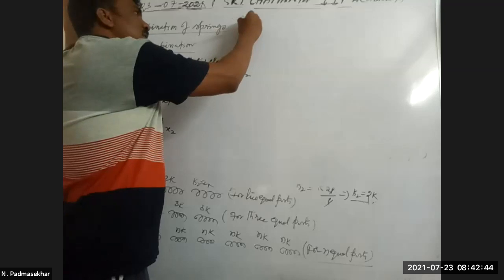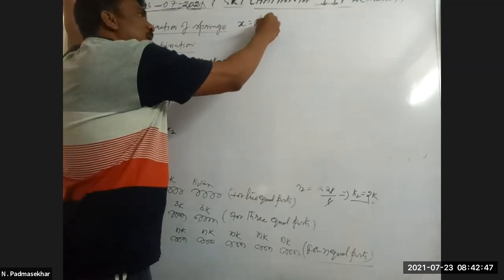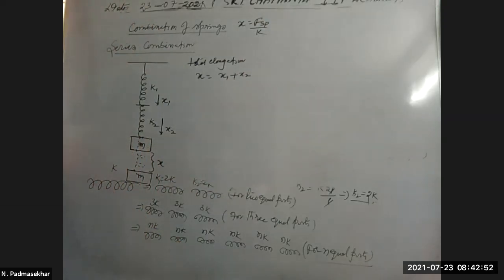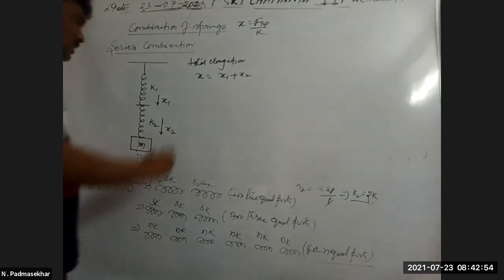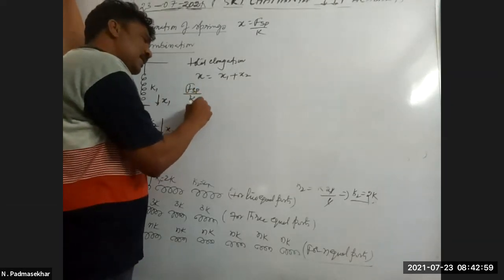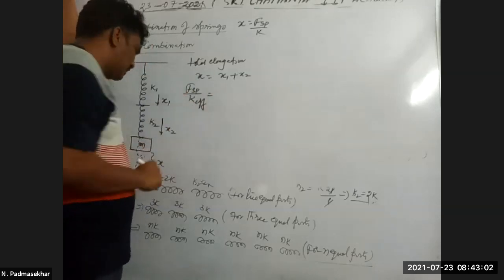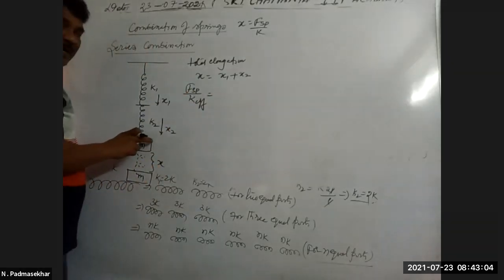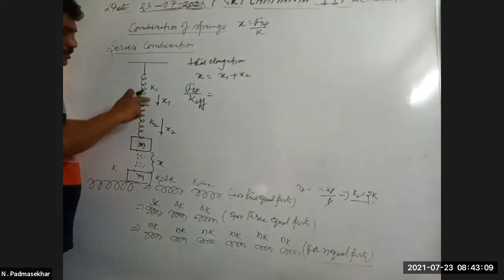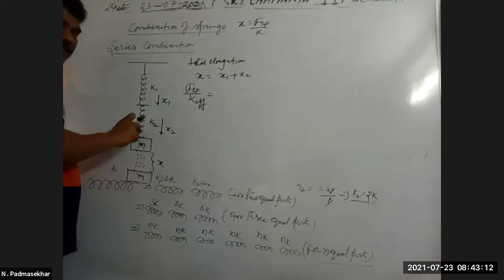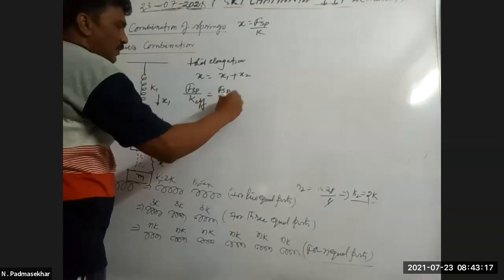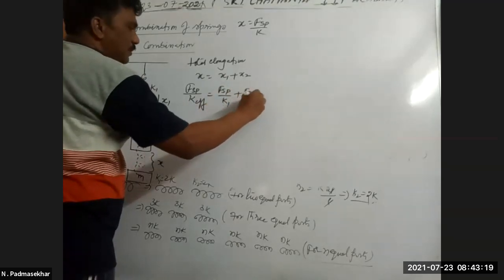You know here x is equal to spring force by K. So this is the spring force FSP by K effective. And when the block is placed here, the same force acts on both, since it is a series combination. So this is FSP by K1 plus FSP by K2.